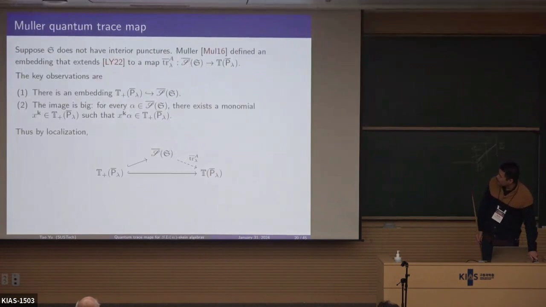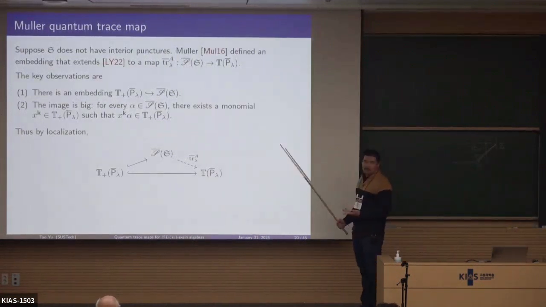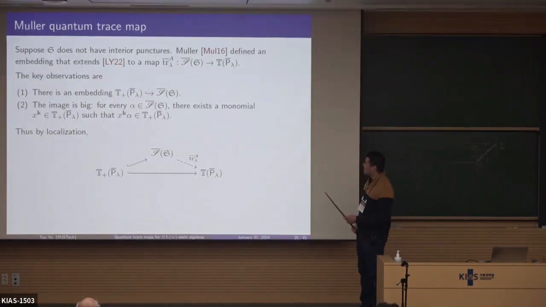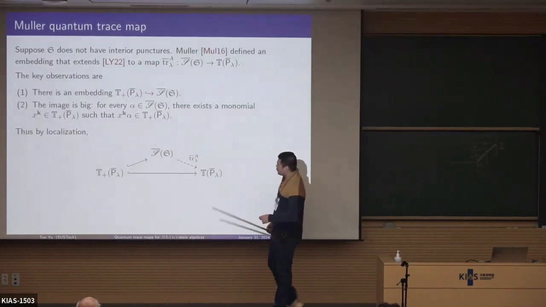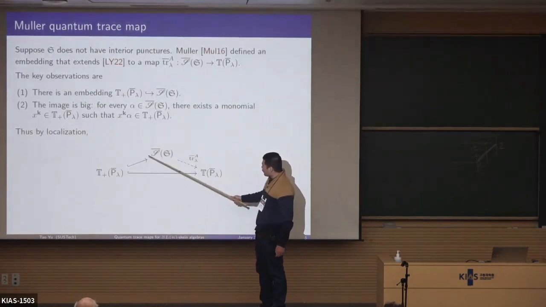I'm going to talk about a different version. A lot of people probably wouldn't think of Muller's result this way, but it does define a quantum trace map. So the observations here are as follows.